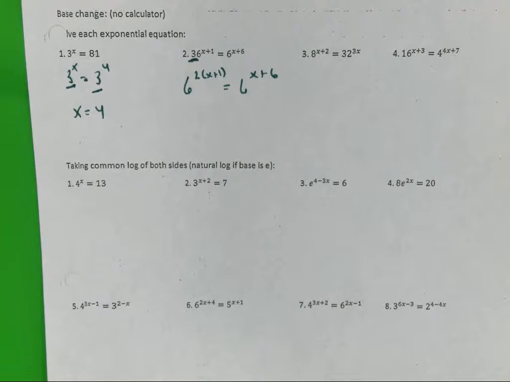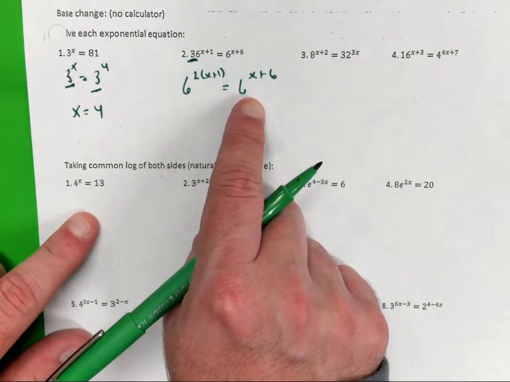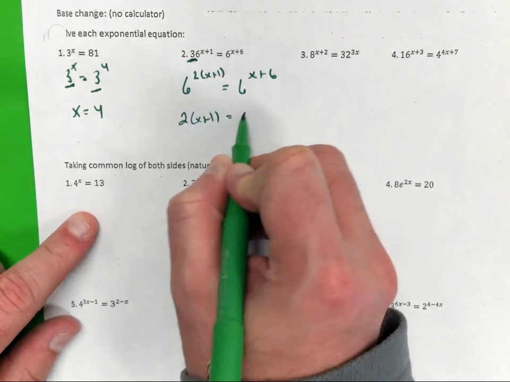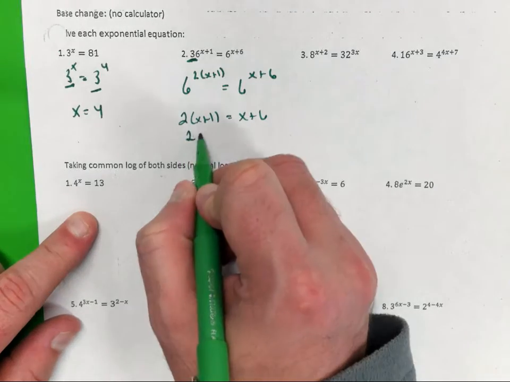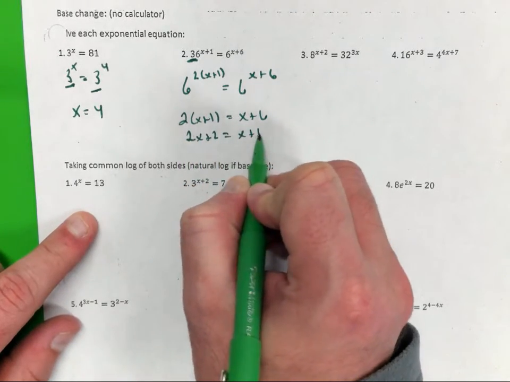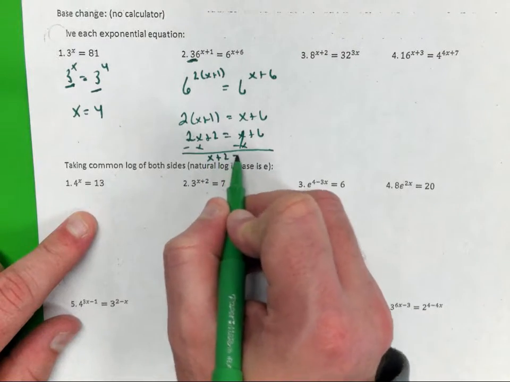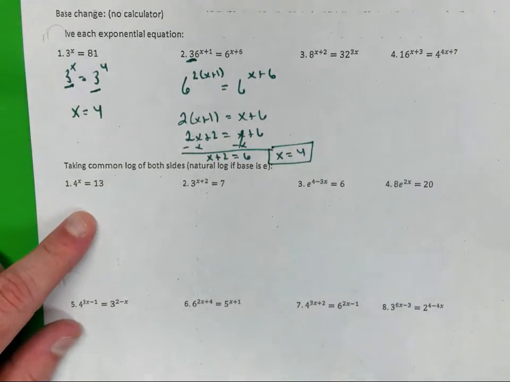Sometimes you don't only have to change one. Now, are my bases the same? Yes, I'm going to rewrite that as 2 times x plus 1 equals x plus 6. Solve the equation. So x equals 4.